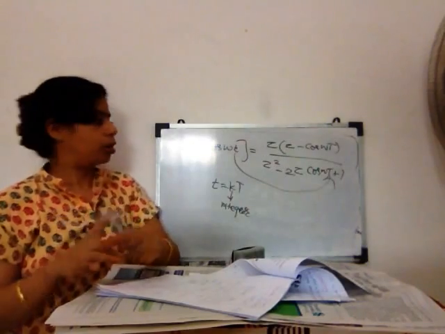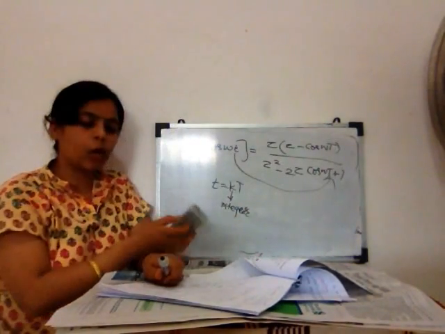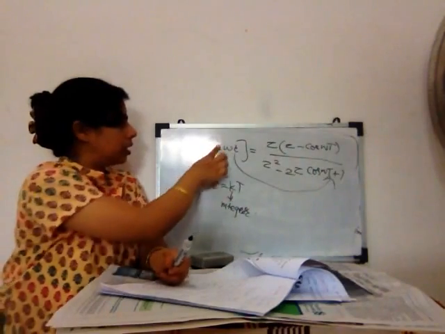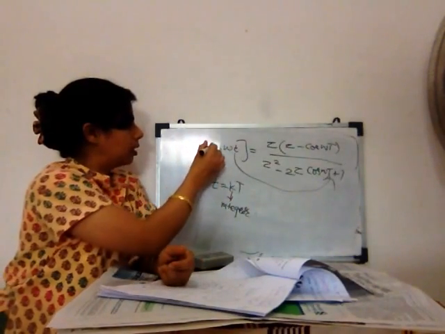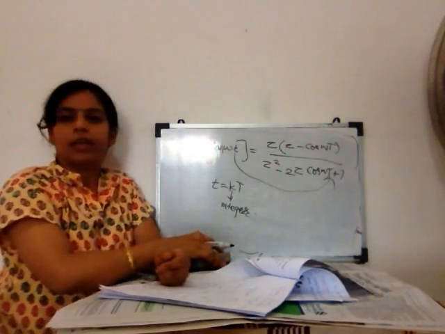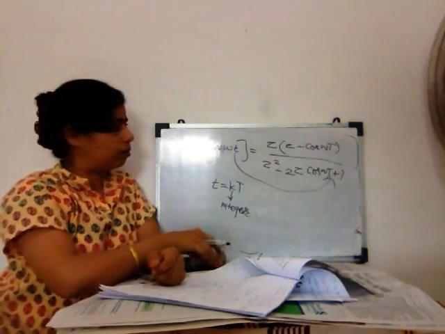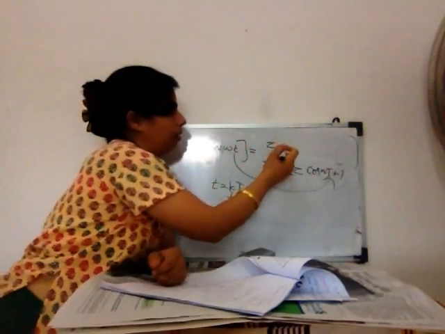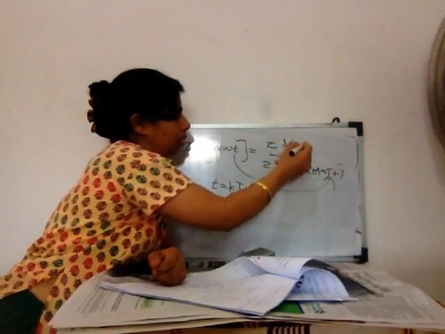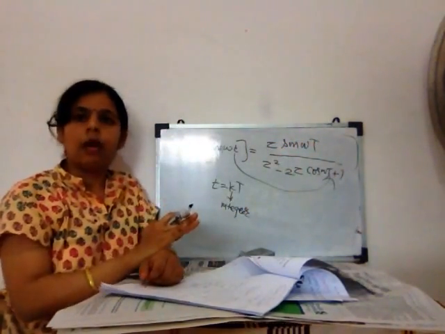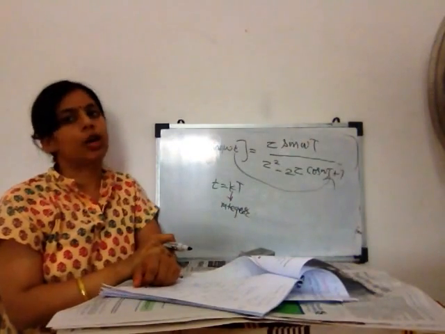Similarly, if we talk about the Z transform of sin omega t, you have to remember this as a formula so you can directly use it in solutions of the Z transform. The numerator is sin omega t. The denominator is the same for the Z transform of cosine or sine.